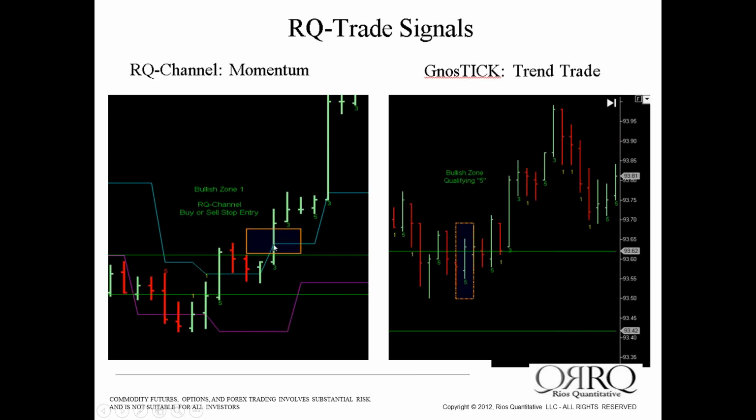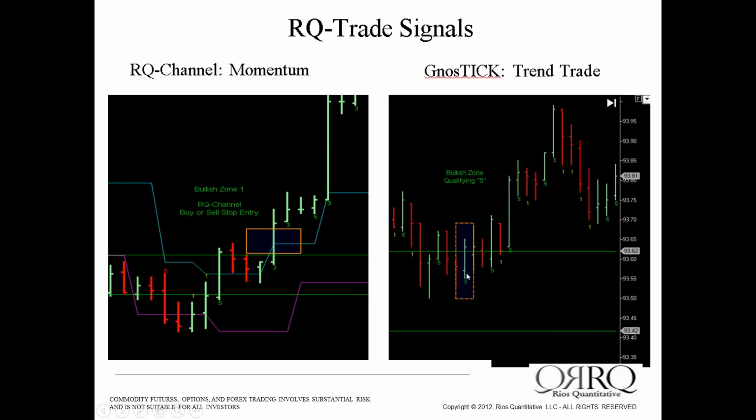If you're a scalp trader and you want to use this, take it, grab your money, get off the amusement ride. If you are somebody that wants to scale out, we will show you where your stops belong and how you scale your stops up. The other indicator, the Gnostic trend trade, is the 5.